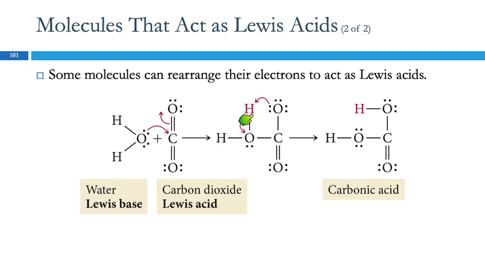And so before we put this on here, the carbon has, well, let's do it this way maybe. The carbon here does not have an octet because the electrons moved. So now this one can accept electrons, and the oxygen can donate electrons.